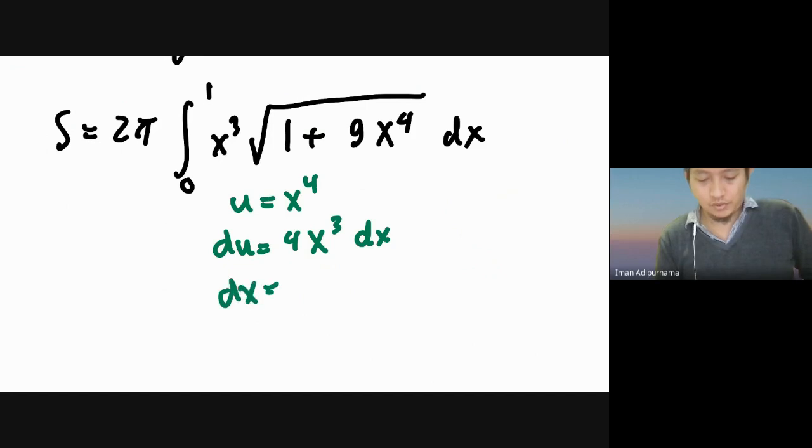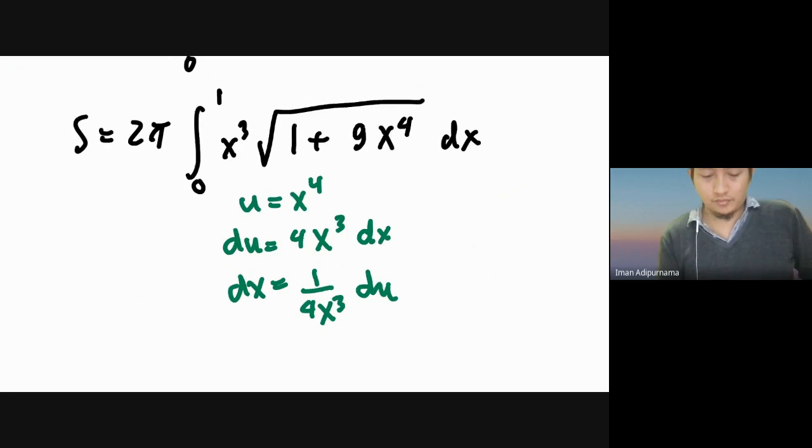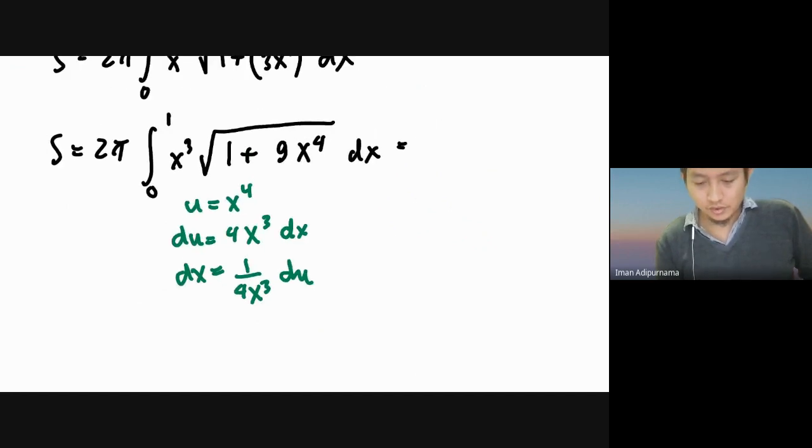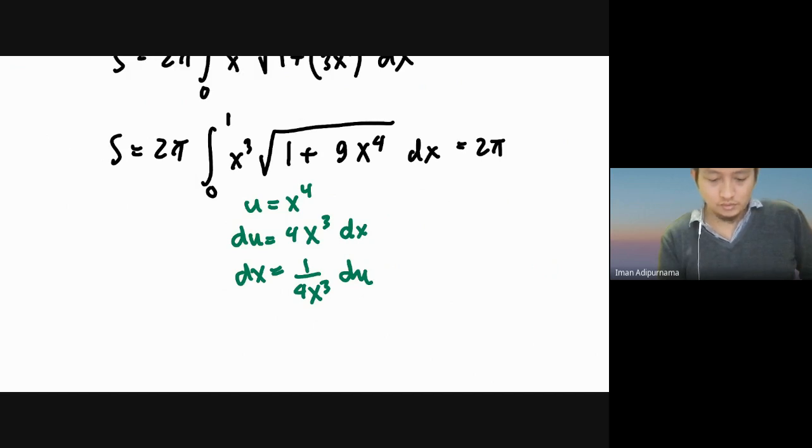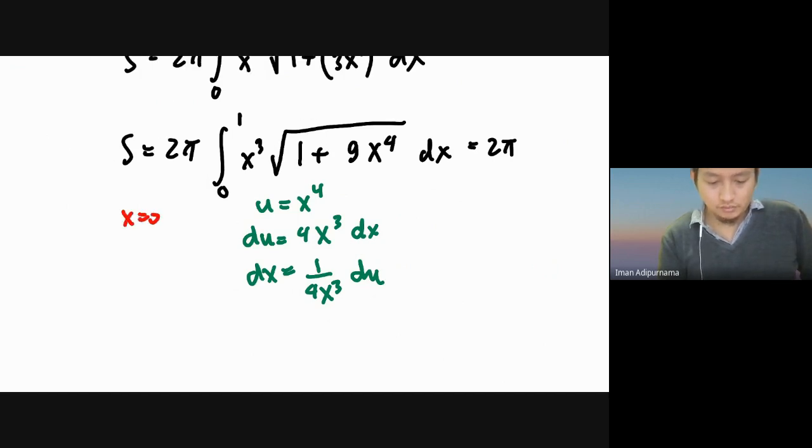Then the x cubed dx will be 1 over 4 du. When x is 0, u is 0. When x is 1, u is also 1.